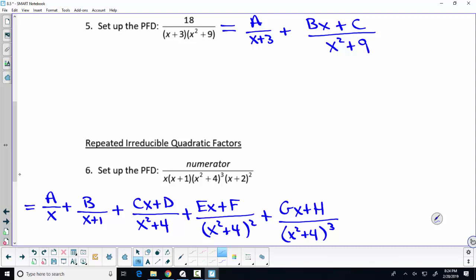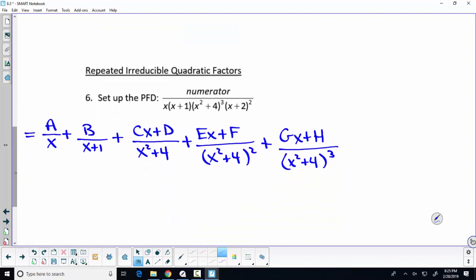Then what? I over x plus 2. Yep, I over x plus 2, plus J over x plus 2 to the second power.